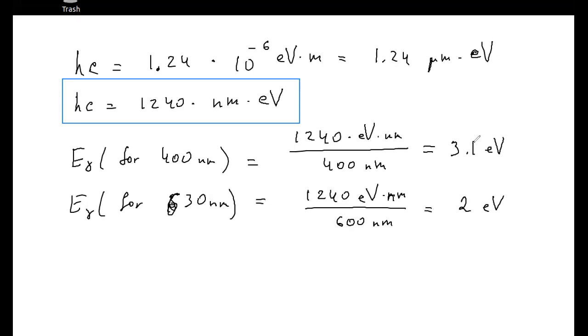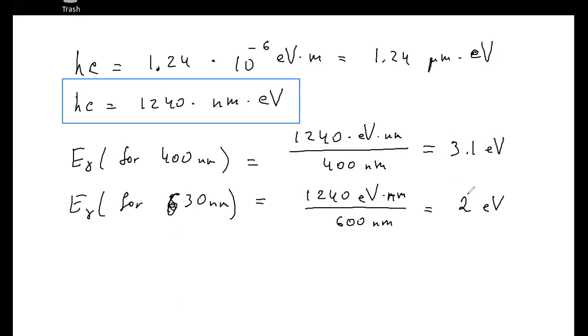So from the energy point of view, this is basically my visible light, yeah? The energy for visible light is kind of in between 2 and 3 electron volts. If you have a shorter wavelength, then you will get more energy, but that's already UV light. For shorter wavelength, higher energy, higher frequency, you go beyond 3 electron volts, that would be UV light. This is a very long wavelength.